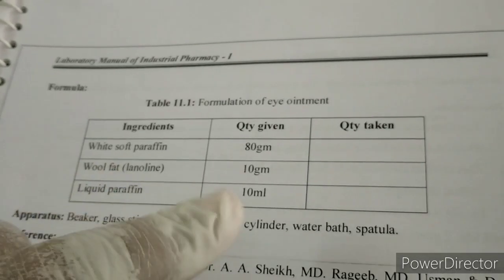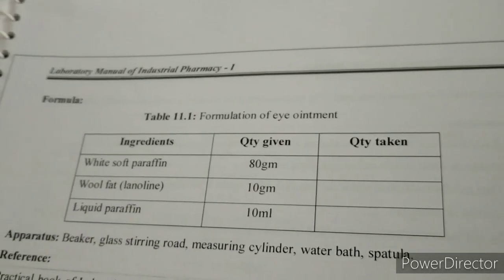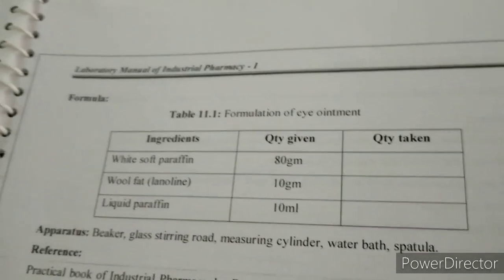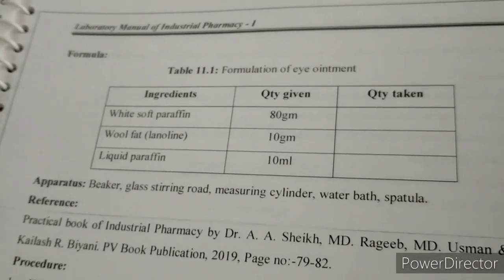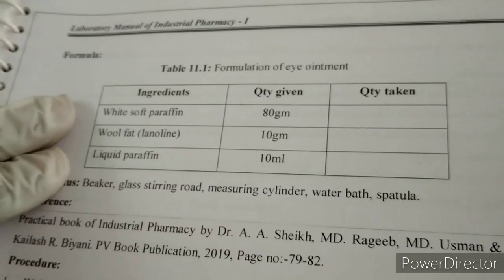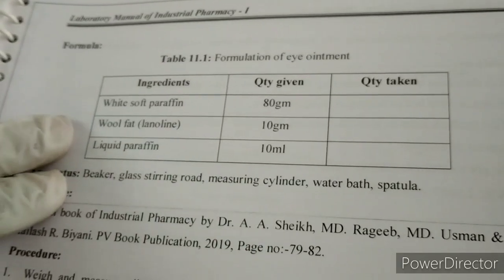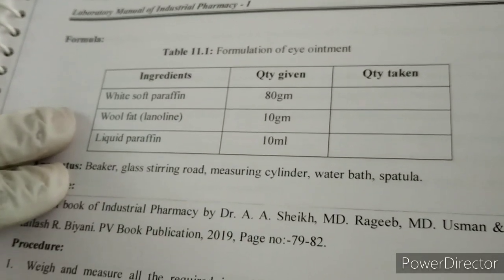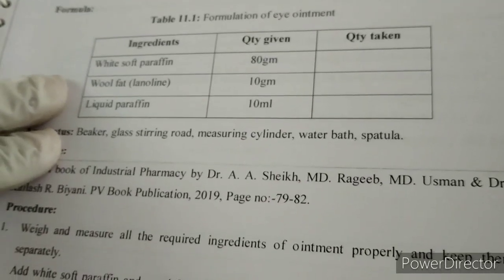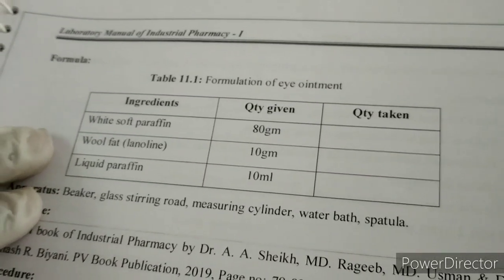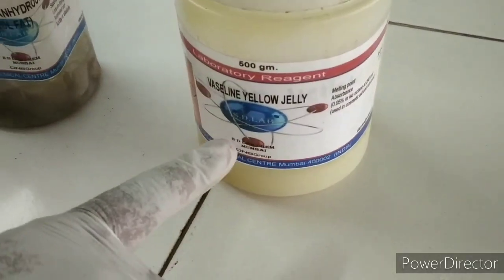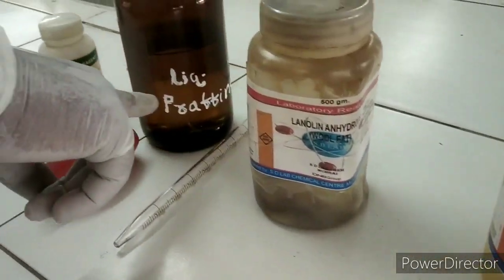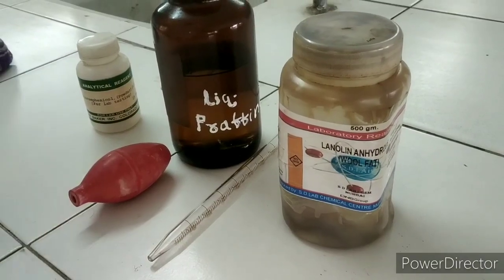Say for example, yellow soft paraffin 4 gram, wool fat 0.5 gram, liquid paraffin 0.5 gram, and this is about the base, and into this base we are incorporating the drug component, that is chloramphenicol. Its concentration is 1%. These are the ingredients. First one is yellow soft paraffin, next to that lanolin, liquid paraffin, and chloramphenicol.